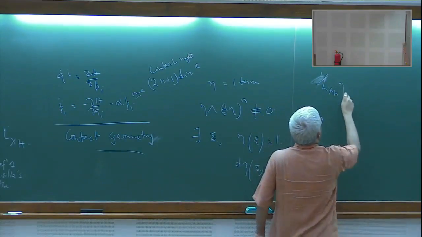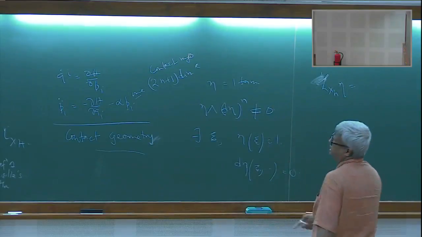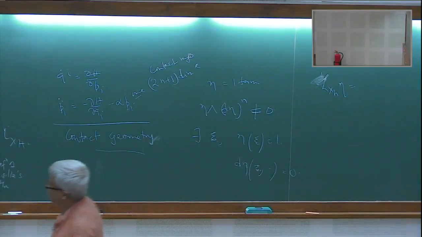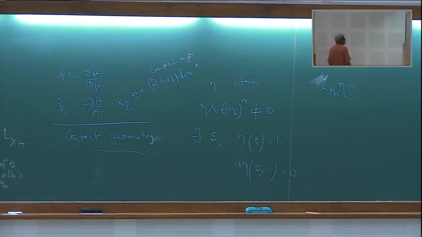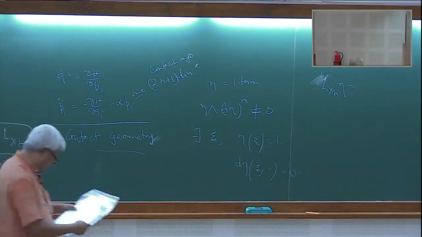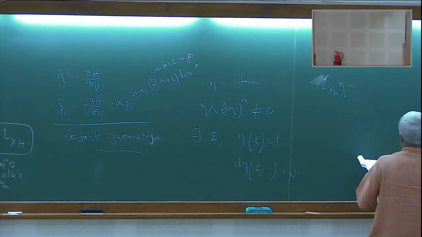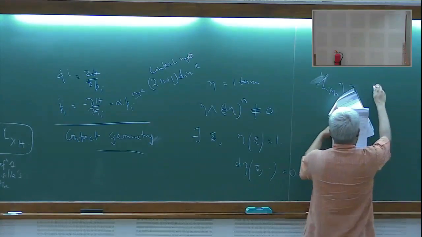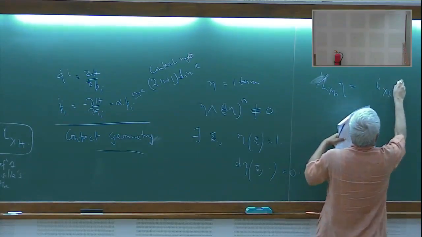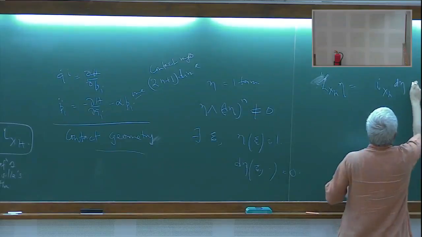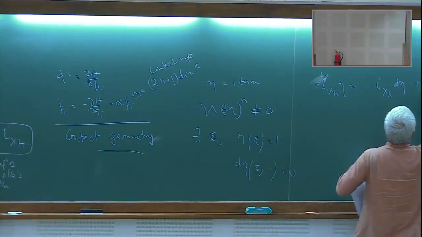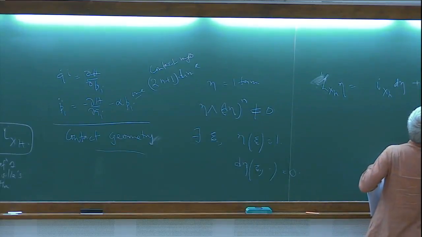Now if I have η, I can use Cartan's magic formula, which I wrote for this one. I can do this thing. Then you get something like i_{X_H} dη plus d of i_{X_H} η.